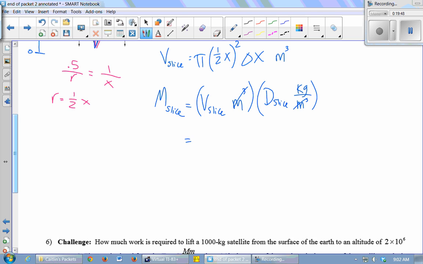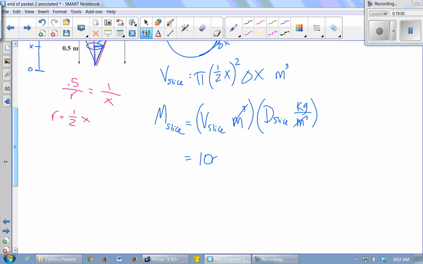So I'm going to have 1,000 pi times (1/2 x) squared delta x as the mass of my slice. I just took the volume of my slice and multiplied by the density of 1,000 kilograms per cubic meter. And then I guess I can simplify this a little bit. So 1/2 squared is 1/4, and 1/4 of 1,000 is 250.